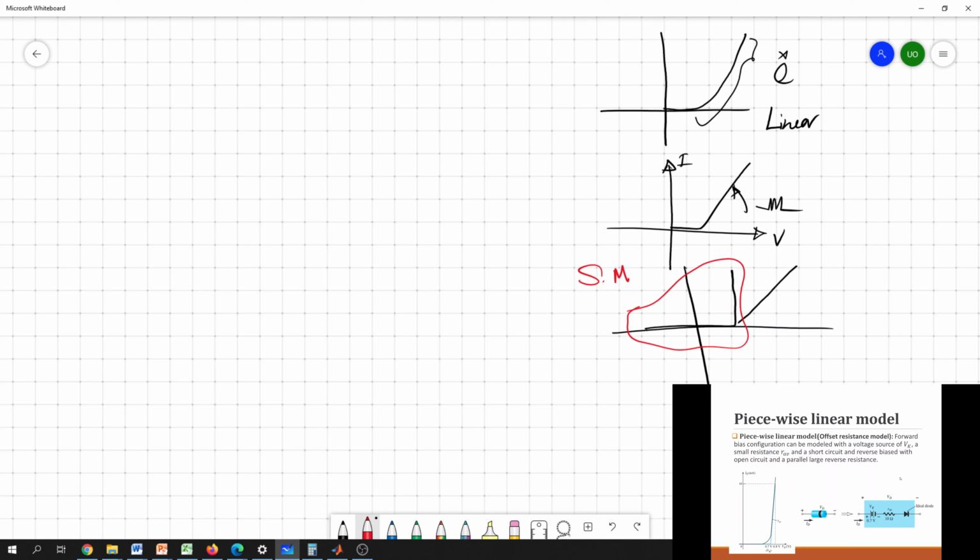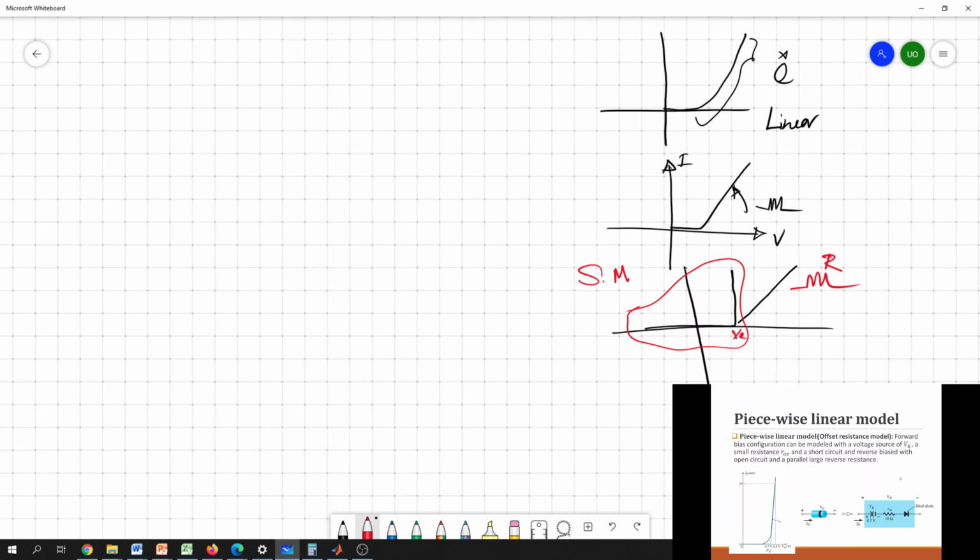Once V goes beyond this Vk, we can include the resistor in the circuit as well, because the trend after Vk is almost linear. The V-I trend is almost linear, which means we can simply represent this linearity using a resistor.